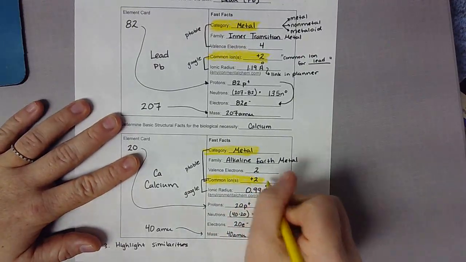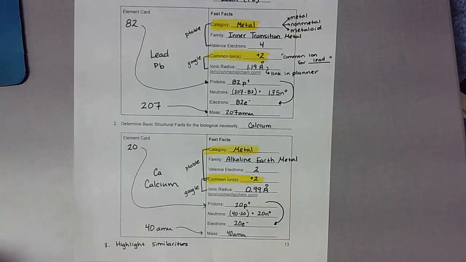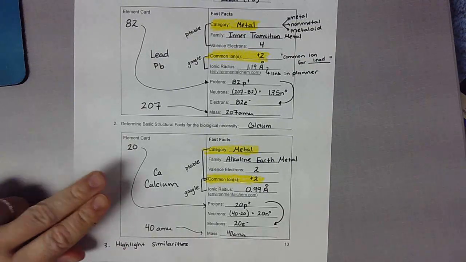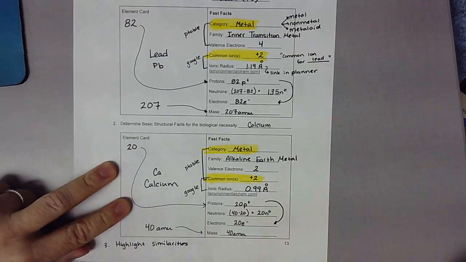Now, ionic radius is one of those that is not going to be dead on. So we consider anything within 0.3 to be similar. I'll make a note of that down here.